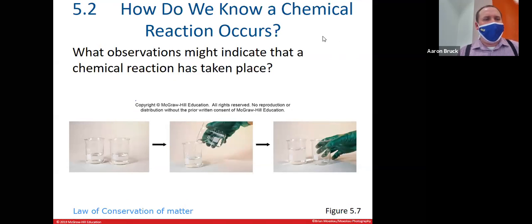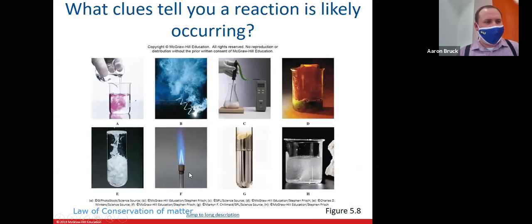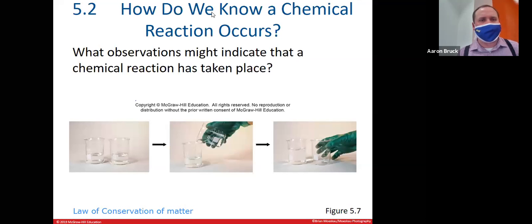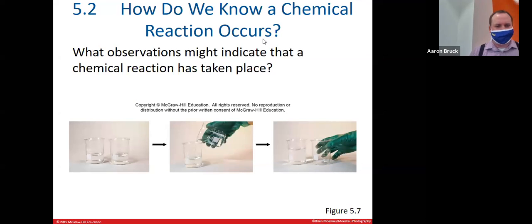How do we know a chemical reaction has taken place? Well, there are usually some telltale markers. So take, for example, this three-panel diagram here. Here I've got two clear, colorless liquids separated in beakers.